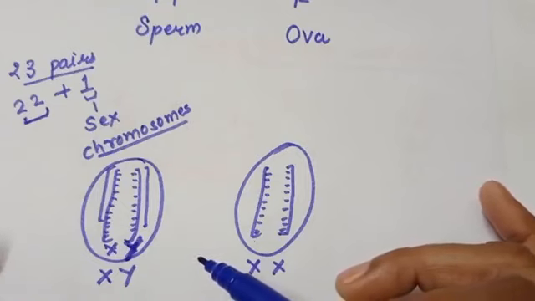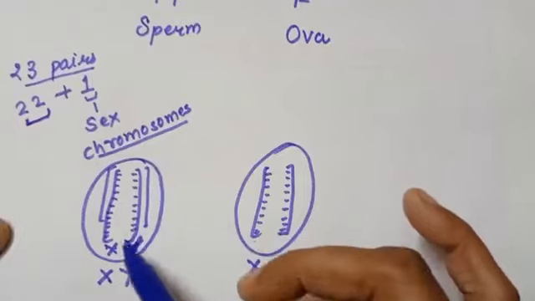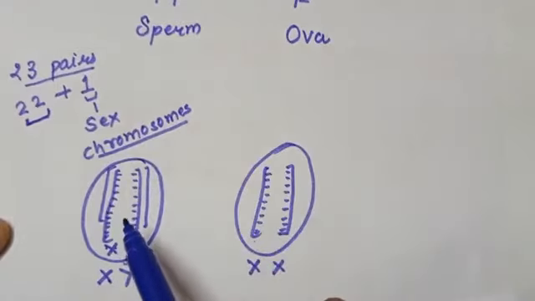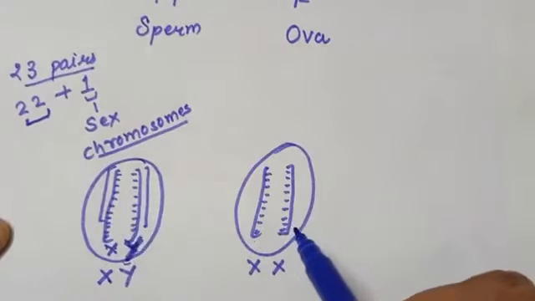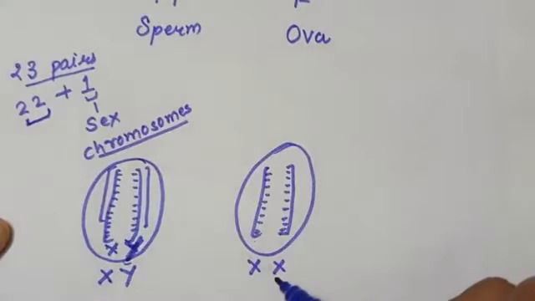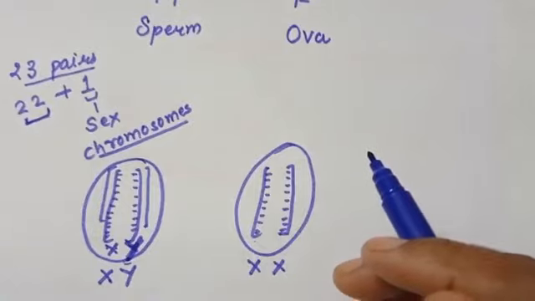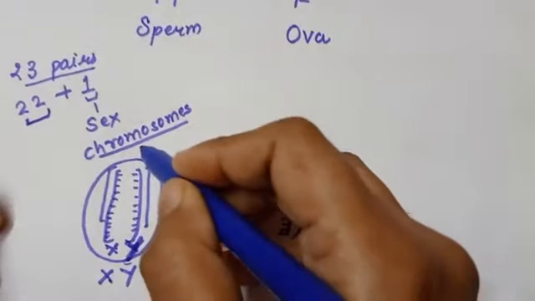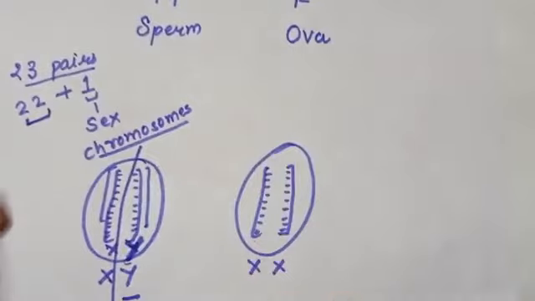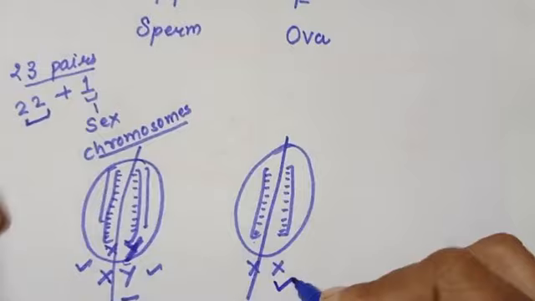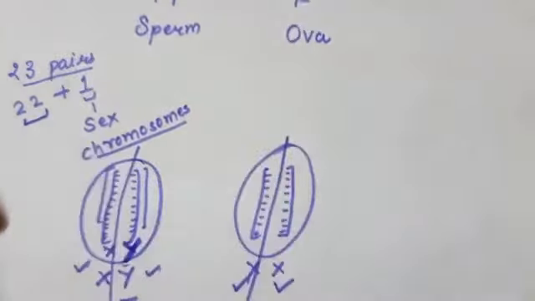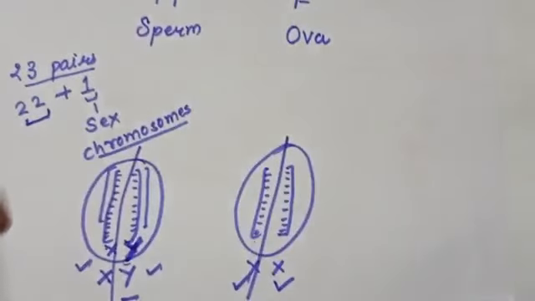So half will be taken from here and half from here, and they are going to join together. Half of the 23 pairs from the male, and half from the female, will be taken and combined to form the zygote.